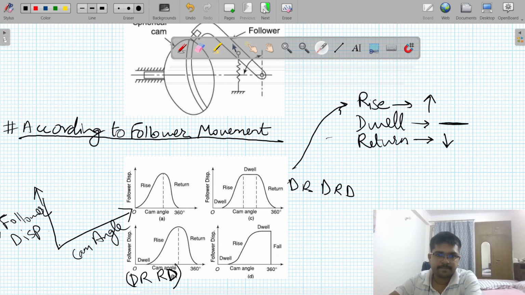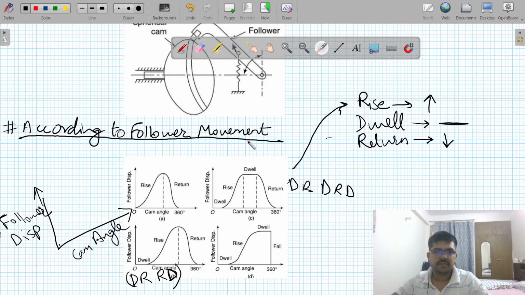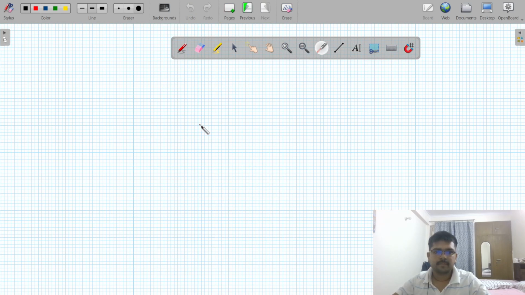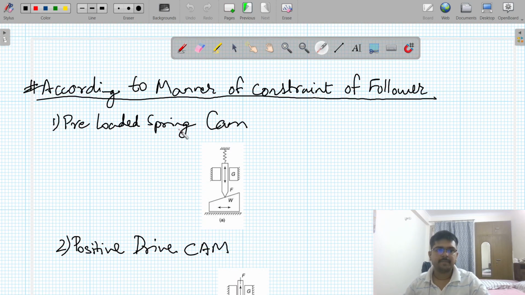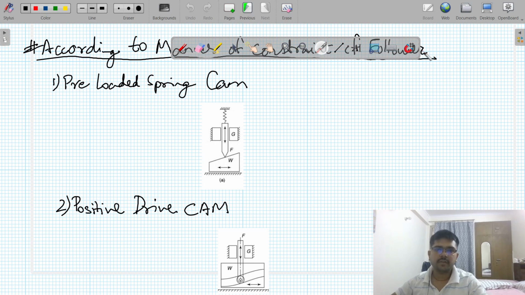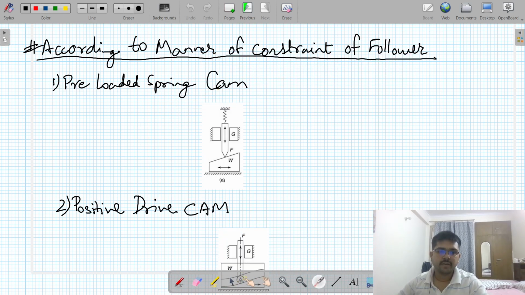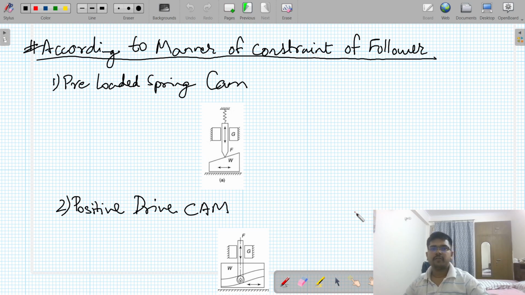Now next we come to classification according to manner of constraint of follower, how the follower is constrained.